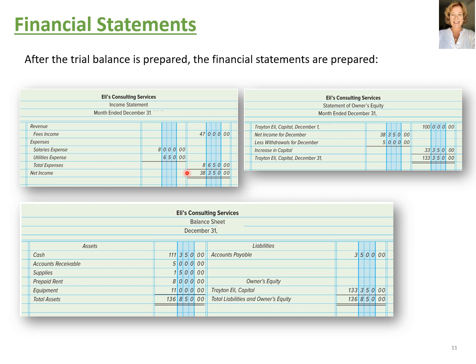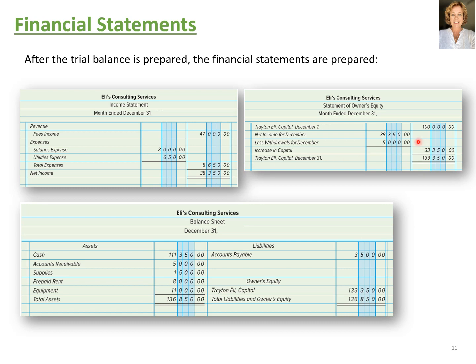Okay. We next prepare our statement of owner's equity, which requires us to start with the beginning balance of the capital as of December 1st of $100,000. We add to that our net income of $38,350 from the income statement.